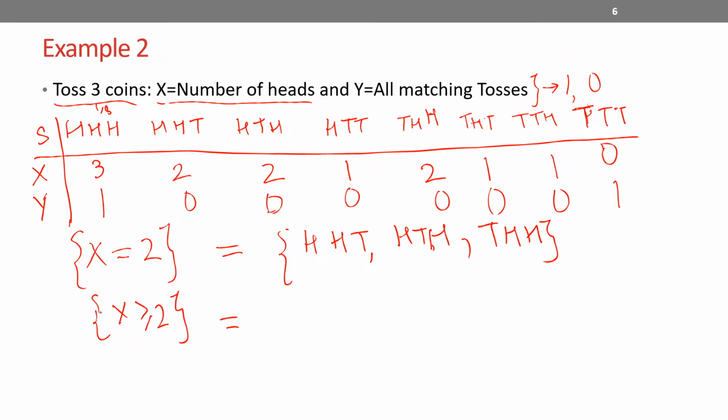All possible outcomes that have at least 2 heads, so all of these plus one more, which is H, H, H, so 4 of them.